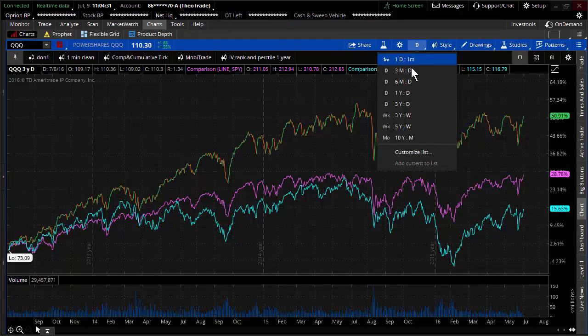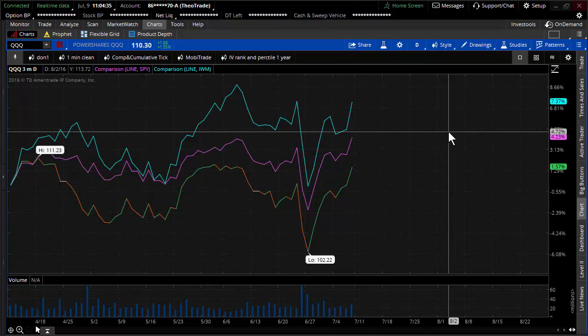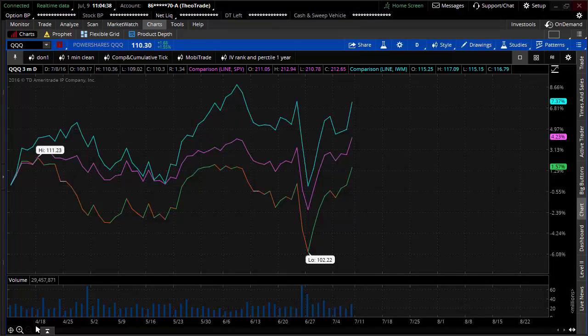Take it from a 3-year daily, take it down to a 3-month. What do you see? You're like, what? I don't really get it. On a 3-month comparison, just to show you that the convergence is underway, the leading product in terms of the up move happens to be IWM. The middle product is Spider, and the laggard is the Qs.